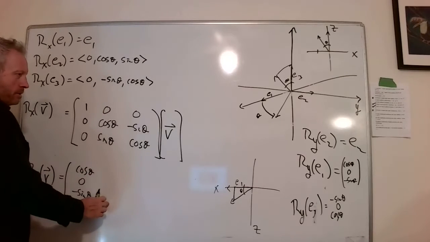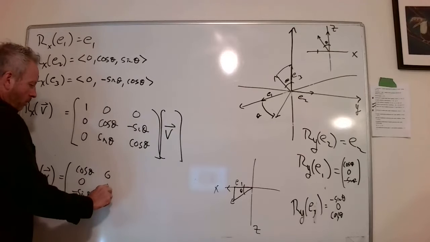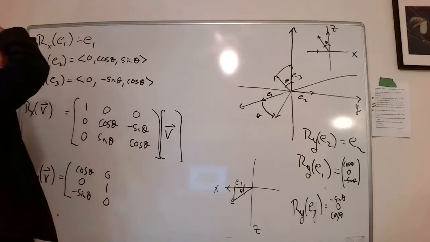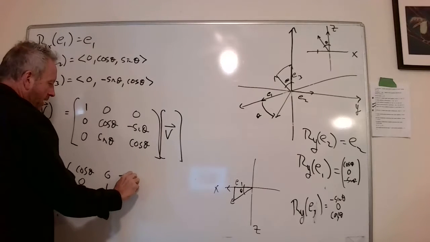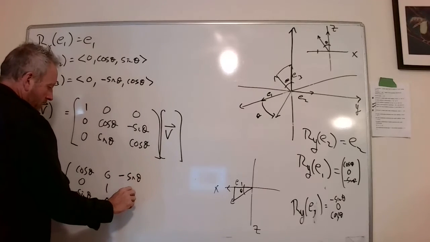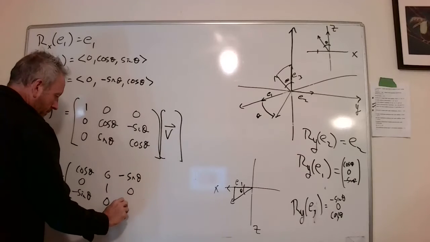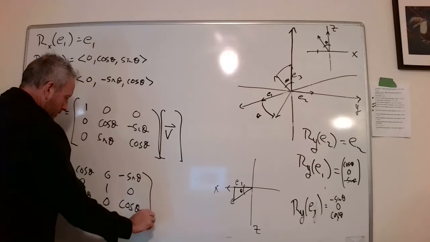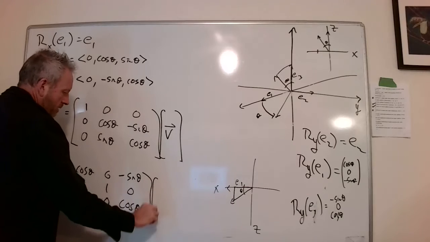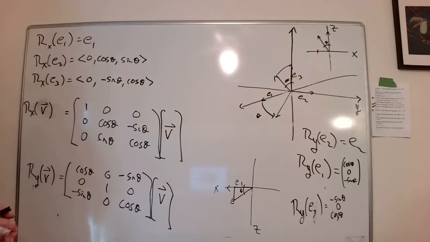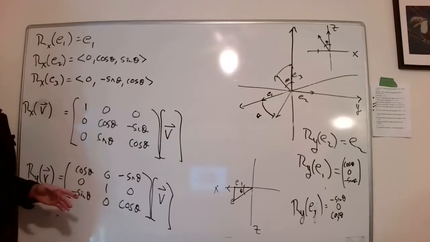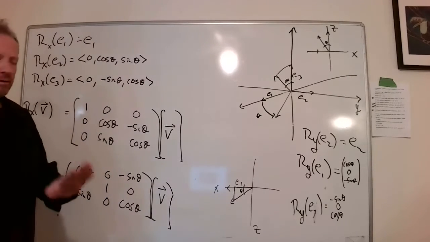What happens to e sub 2? That stays the same. So 0, 1, 0. And what about e sub 3? Negative sine theta, 0, cosine theta. And to be consistent with this, I'll do this. But the key thing here is the matrix. Please write these down. We don't want to ever have to rederive these.